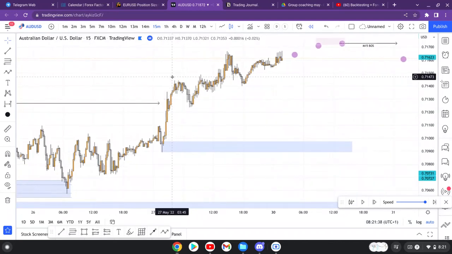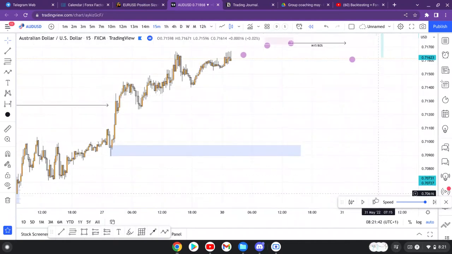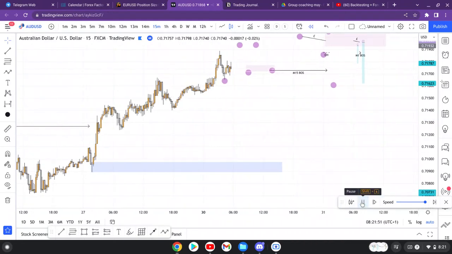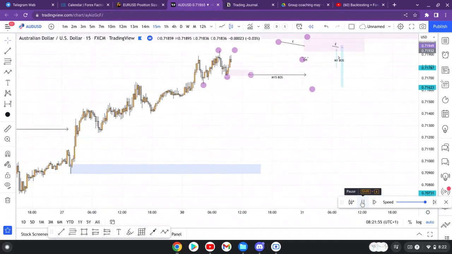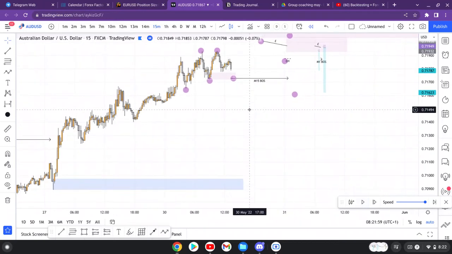Get low, high, low. Let me just play this a bit. We break structure here. This wasn't the piece of price action that I want to show though. I think it was here. Yeah, okay. So, what's going on with my Wi-Fi?